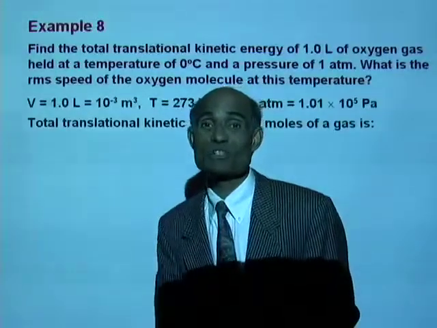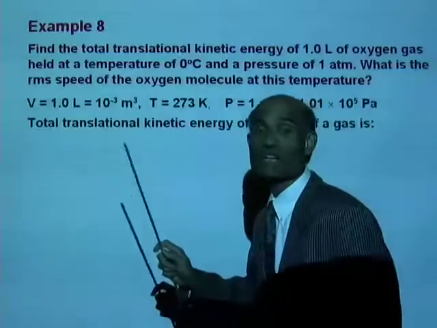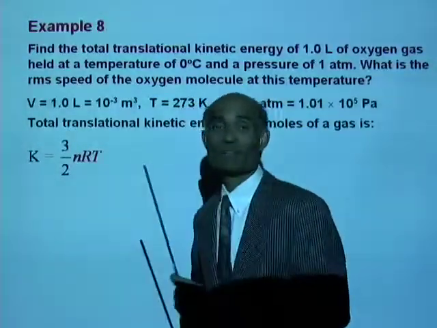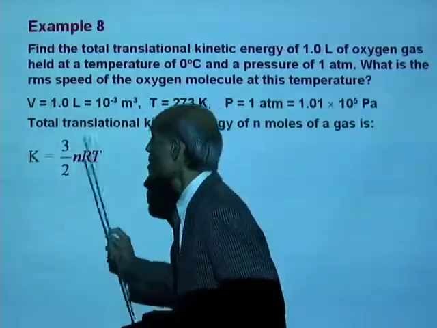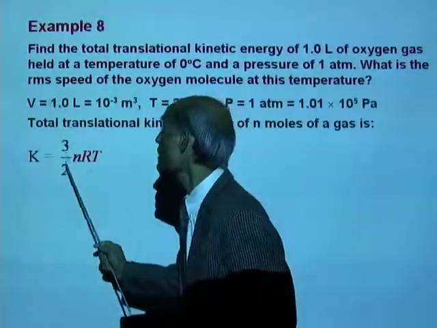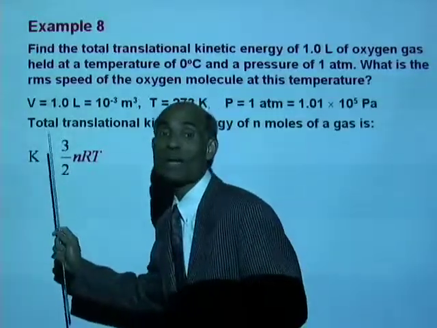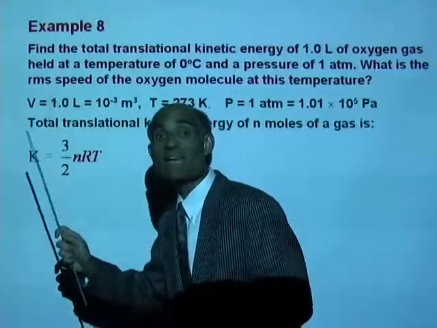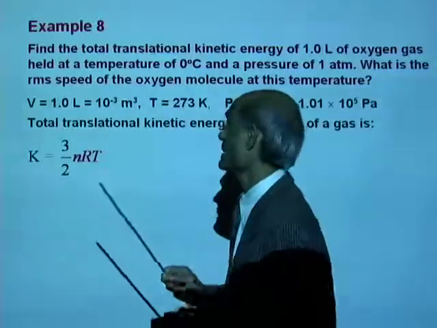The total translational kinetic energy of n moles of a gas is 3/2 nRT. Is that right? Yes. If you remember, we had it earlier as 3/2 uppercase NkT, which is the same as 3/2 nRT.